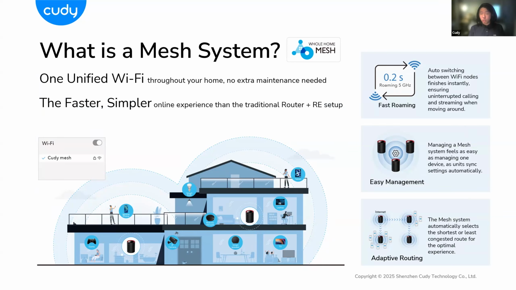You don't have to switch between networks. Like when you go to the second floor, you used to still be connected to the first floor network and stuck on that. So it's a faster and simpler online experience, and you don't have to manage multiple devices.